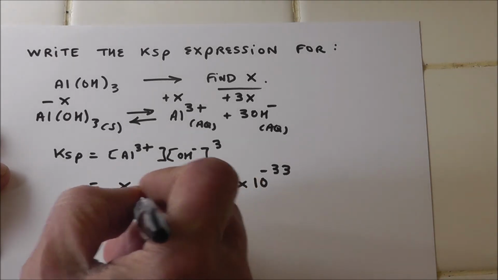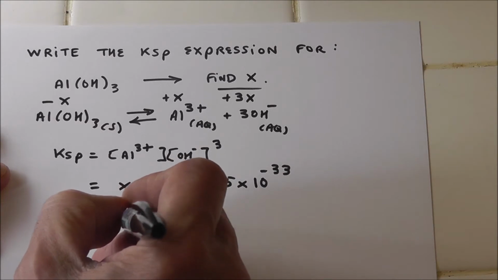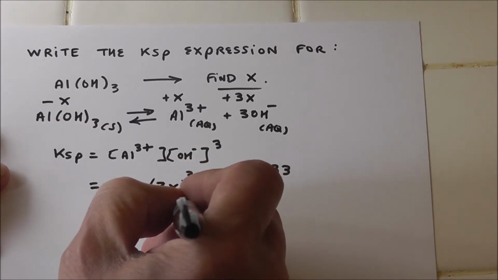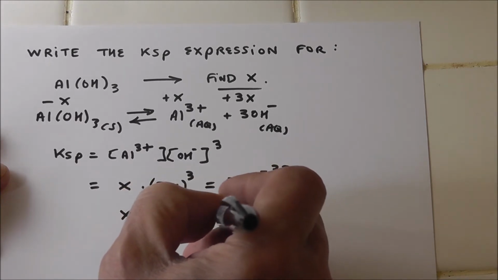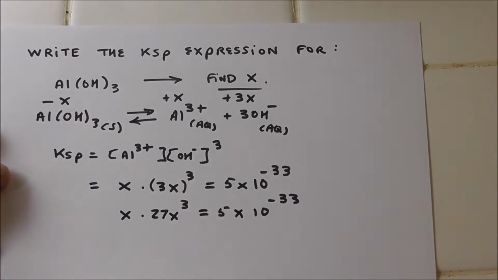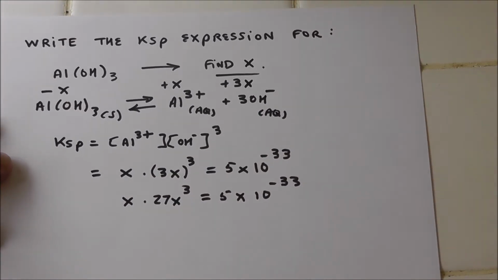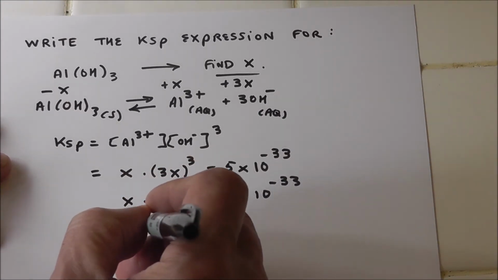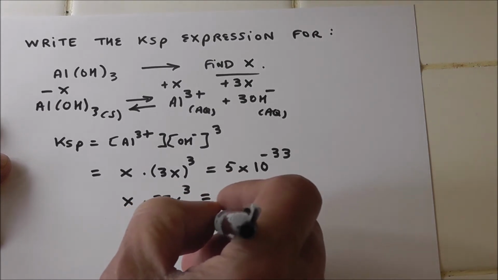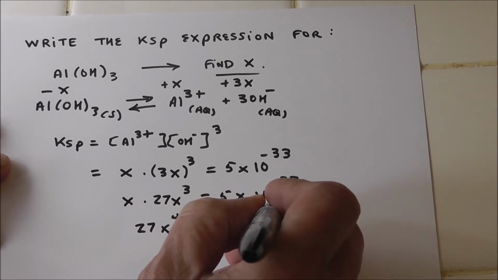Hope I don't lose anybody. Make a comment if I do. This is x times 27x cubed is equal to 5 times 10 to the minus 33. And then 27x to the 4th power is 5 times 10 to the minus 33.